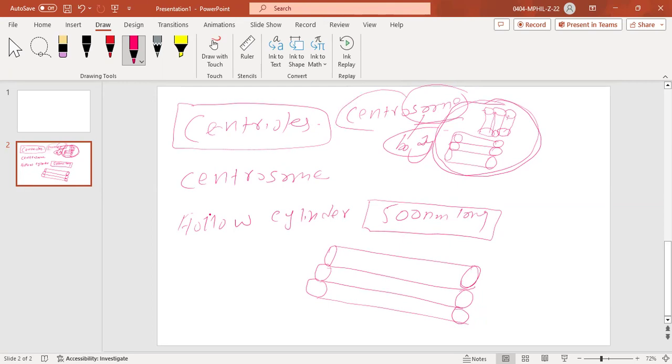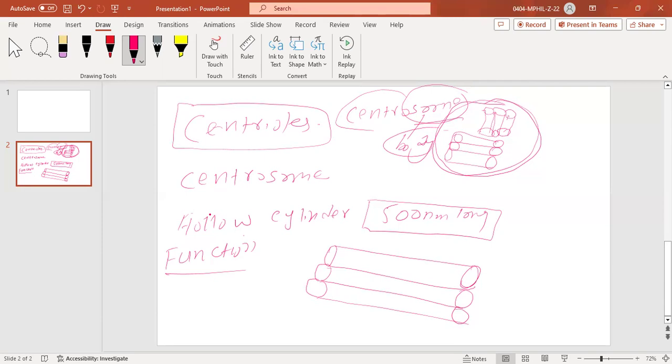Okay. So now let's move on to the next point, that is its function. What is its function? It helps in what? Spindle fibers formation. Cell division. Remember, why those spindle fibers were formed in the cell?